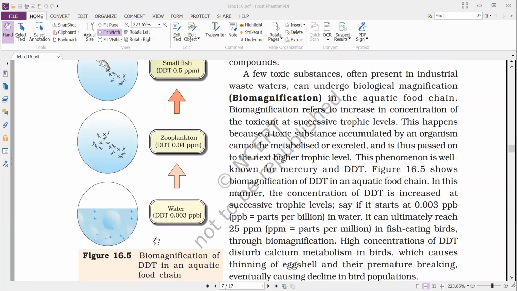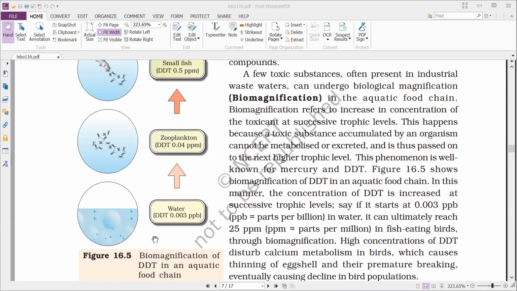Generally this DDT is sprayed in water bodies to prevent the breeding of mosquitoes or to kill the mosquitoes which are breeding. 0.003 parts per billion of DDT is present in the water, which is absorbed by the phytoplanktons. The same amount will be absorbed by each phytoplankton.